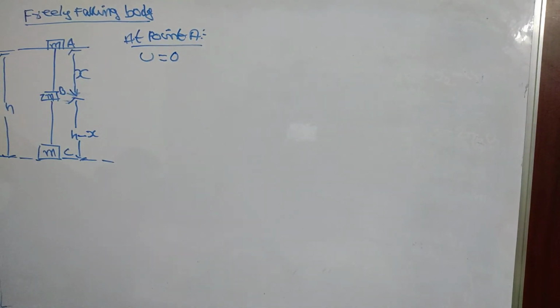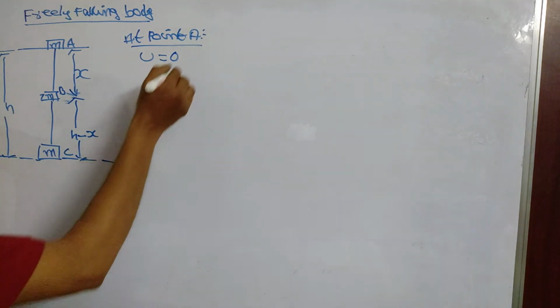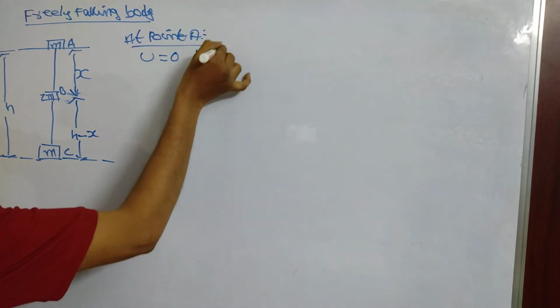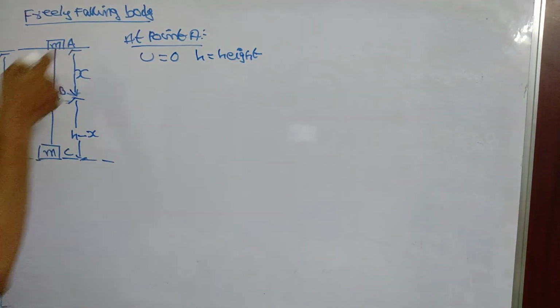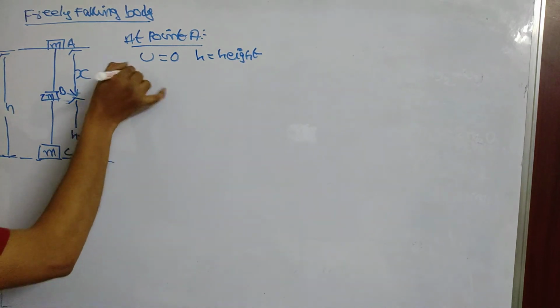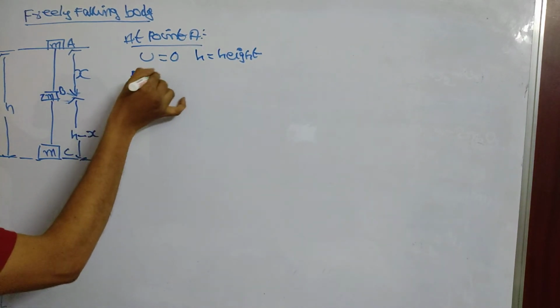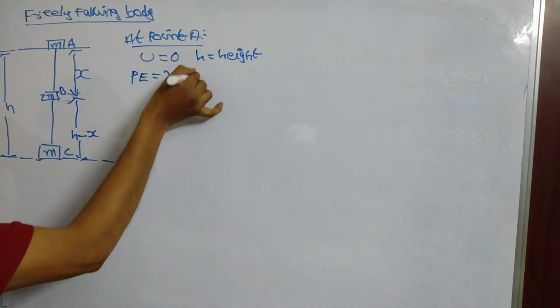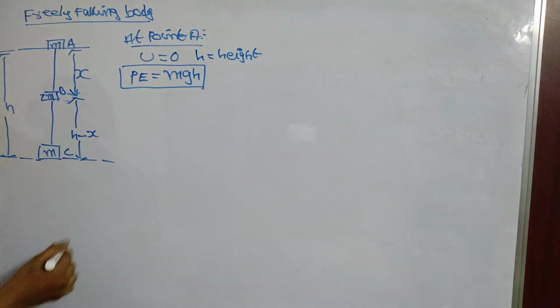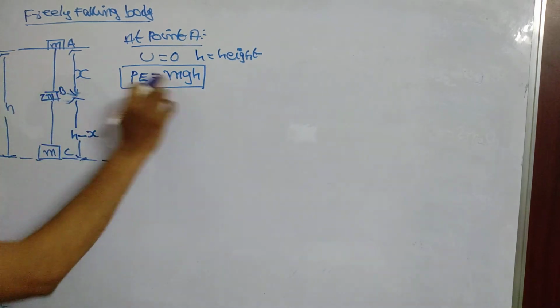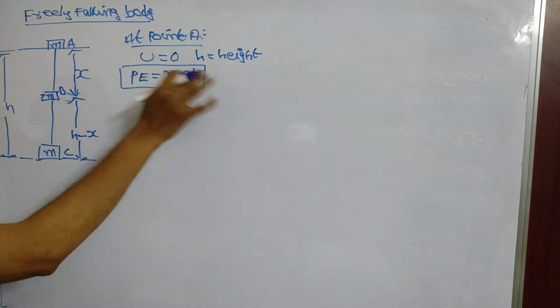Now the object is at height h, because point A is located at a height h from the ground. The potential energy formula is very clear, mgh, where g is the acceleration due to gravity, h is the height, m is the mass, at point A.